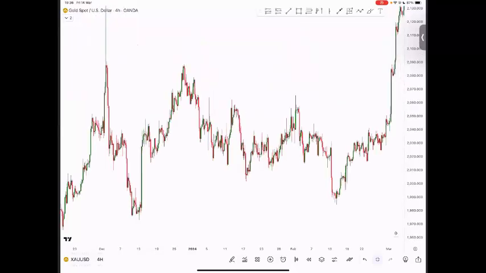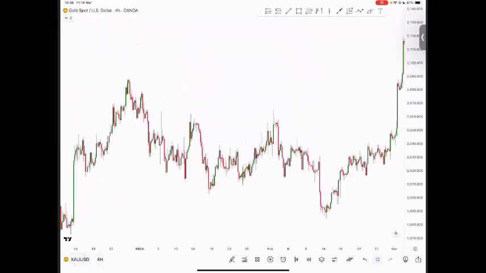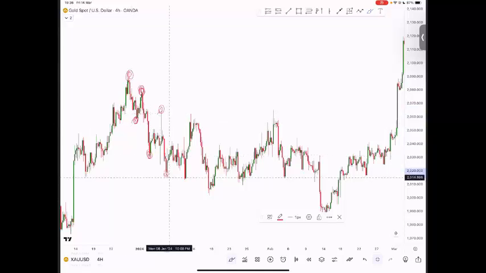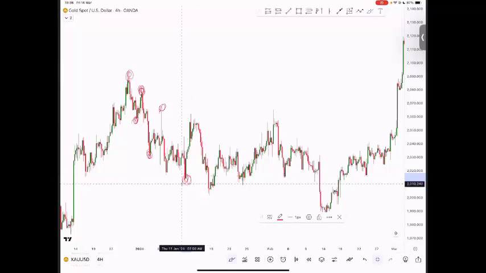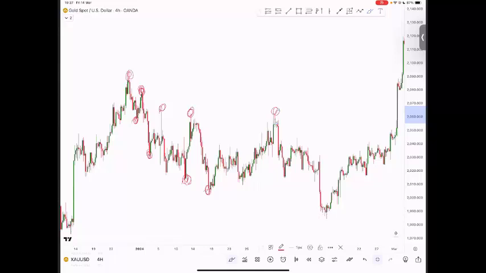If you look at what happens here, we had a low, a high, a low, a high, a low, a high, a low, a high, a low, and this high, and then this low at this point, right?